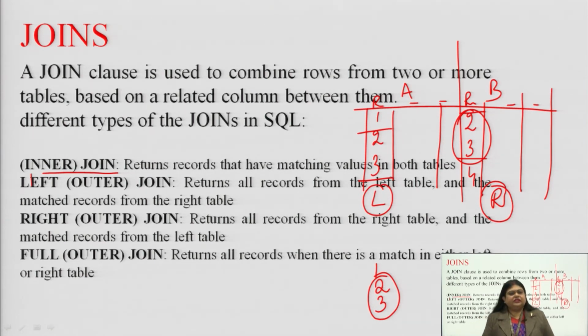In the left and right outer joins, one side we take completely and from the other side we take only the matched tuples, right. But in the full outer join, we take the results when there is a match on either side. So, this is the basic idea behind joins.